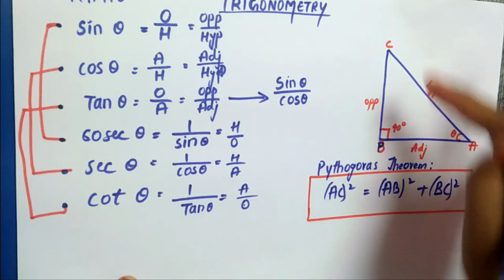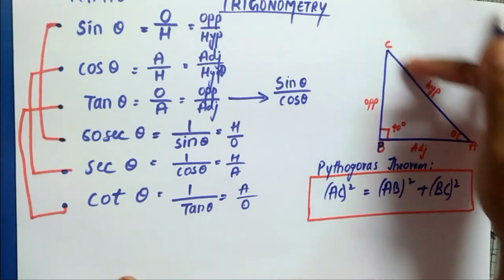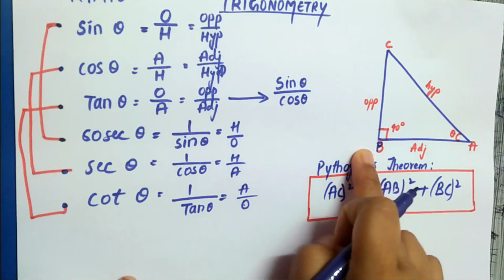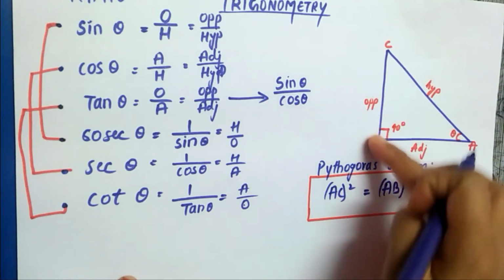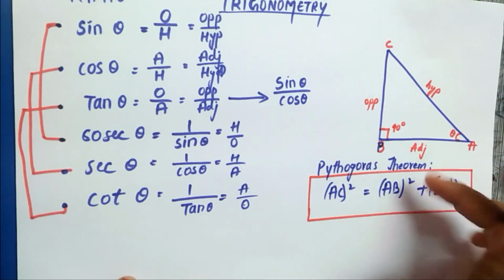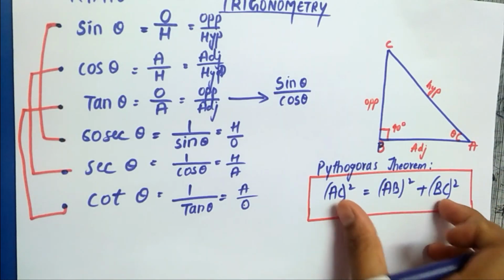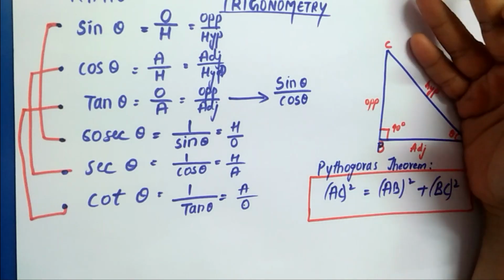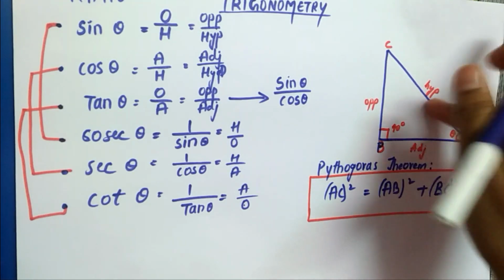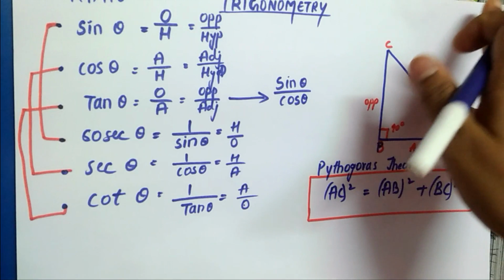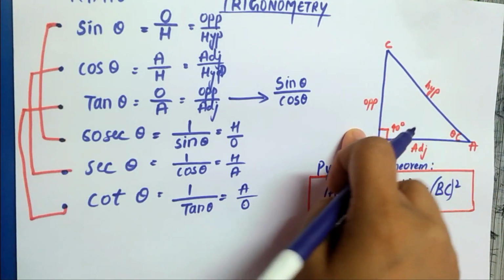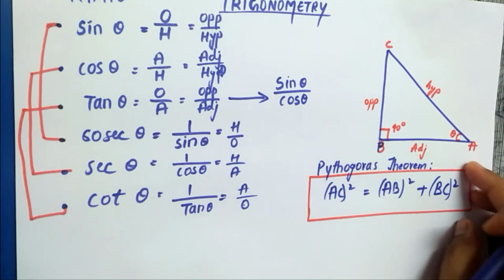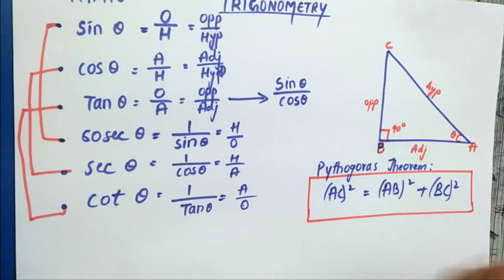The square of the hypotenuse is equal to the sum of the squares of the other two sides. So it is that simple: AC square, the hypotenuse, equals AB square plus BC square. This is the most used formula. It is used to find a missing side. In the problems, one of the sides will be missing, so we need to arrive at that side. It might be the hypotenuse, the opposite side, or the adjacent side. Using this formula, we can arrive at any of the sides.